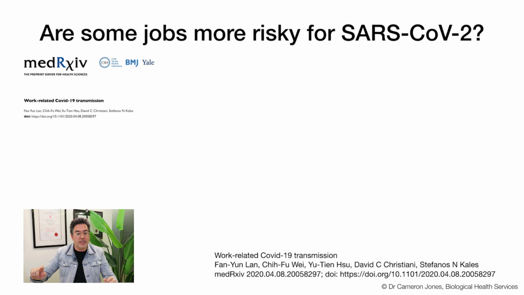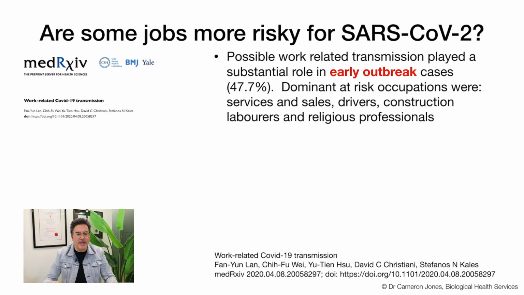But there is more in this publication. And what they stated is that there is a connection between early and late outbreak. And they said that possible work-related transmission played a substantial role in early outbreak cases, up to nearly 50%, or 47.7%.